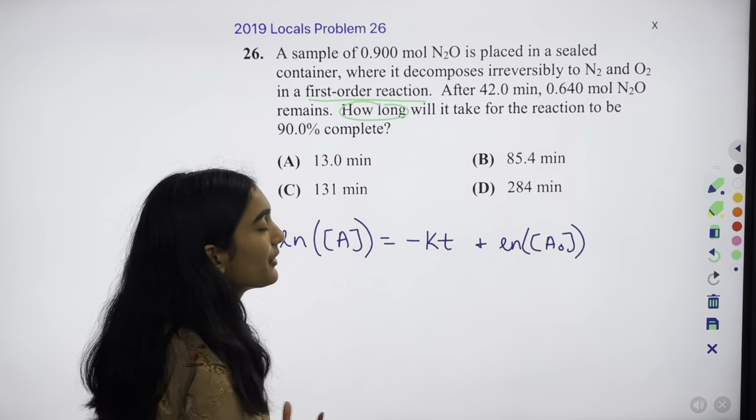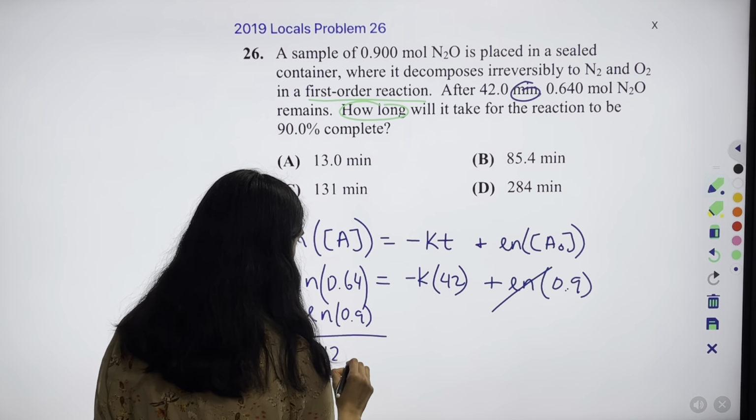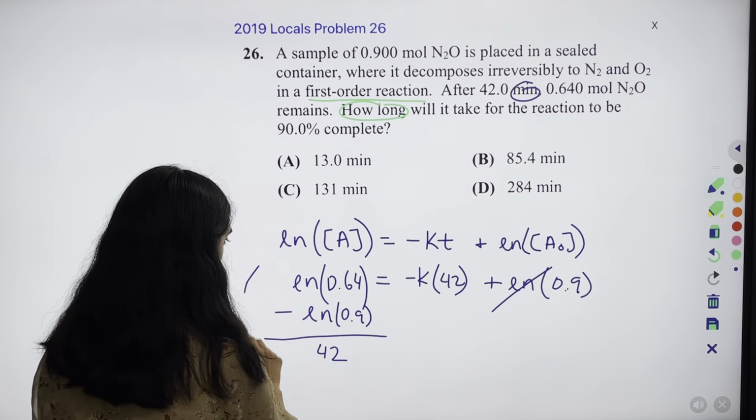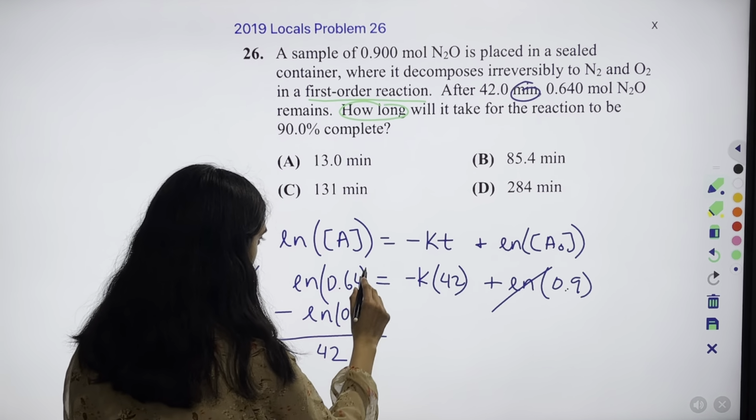And the natural log of 0.64 moles, right? So if you subtract the natural log of 0.9 and then divide by 42, and then put a negative sign here, we should get what k is.